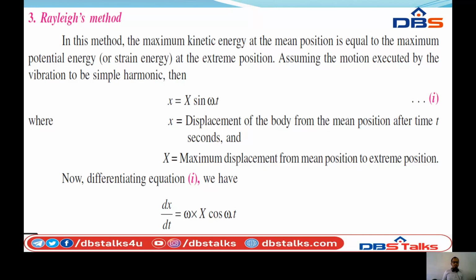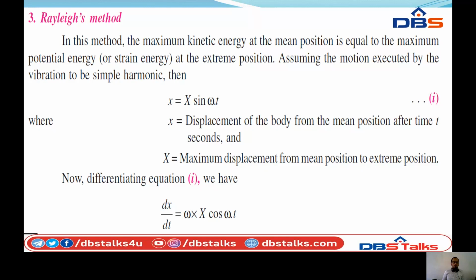Since we need this at the mean position, that means the rest position, t is equal to 0. The maximum velocity at the mean position, v, is nothing but the differentiation of the displacement, dx by dt.